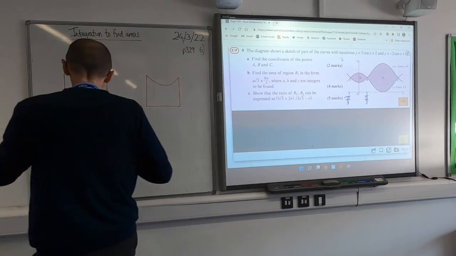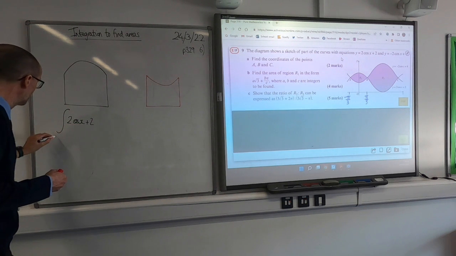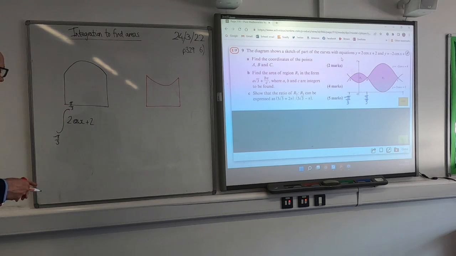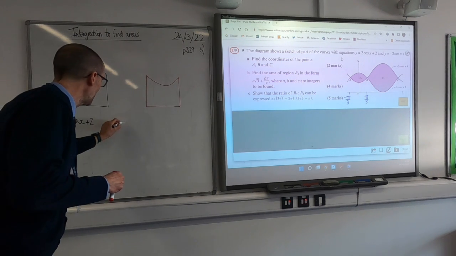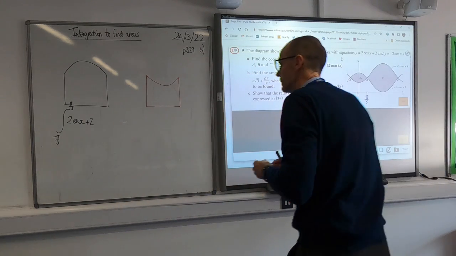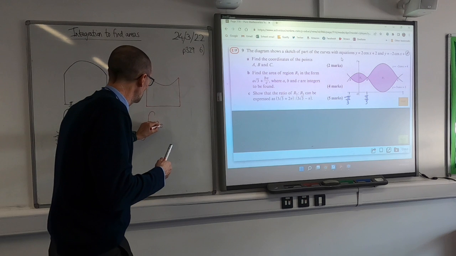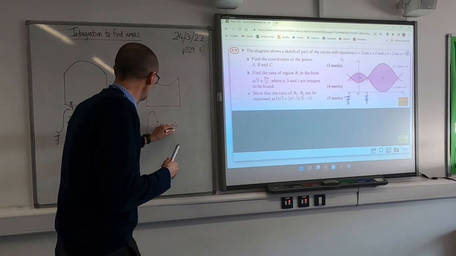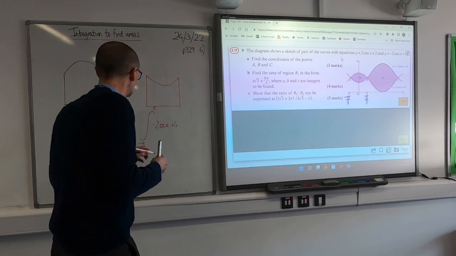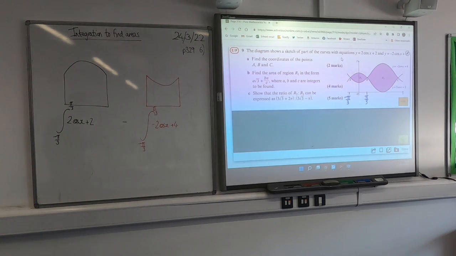So I would have worked out 2 cos x plus 2 between minus pi over 3 and pi over 3. And then I would have taken away the integral of minus 2 cos x plus 4 between the same points. And that would have given me the correct answer. And that's always the way I did it.